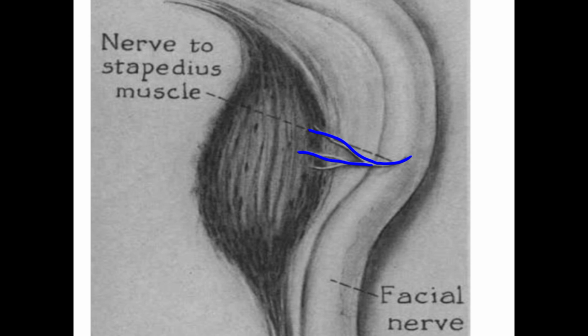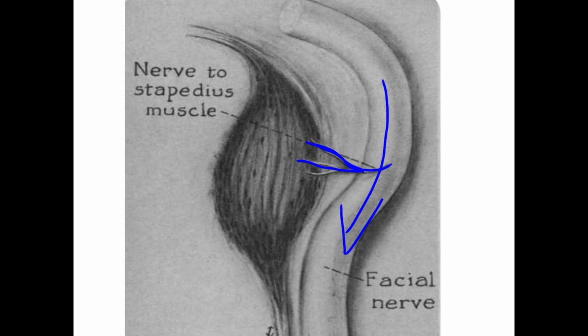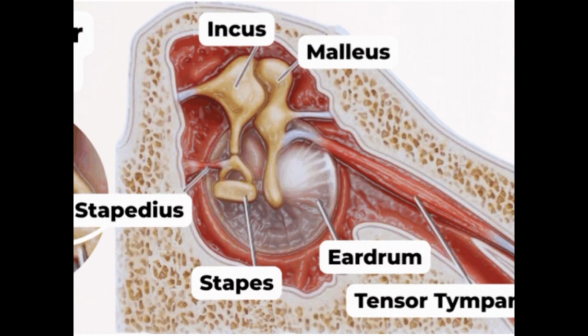When the facial nerve runs in the vertical part of the facial canal, it gives the motor branch to the stapedius muscle, and this is the first motor branch of the facial nerve. Stapedius muscle is one of the muscles of the middle ear cavity.